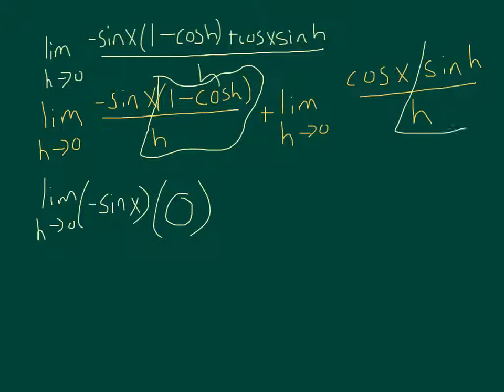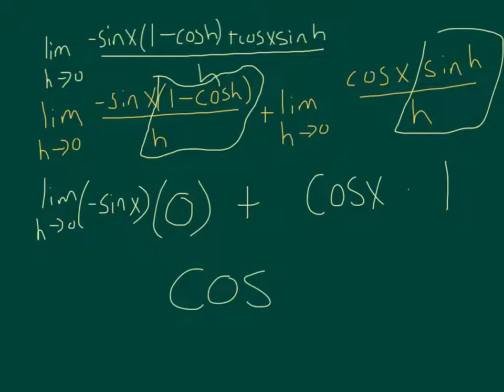The second cool thing is I have my limit as h approaches 0 of sine h over h. That's my other special trig limit. That one's going to equal 1. So here we've got 1 for the sine h over h, and I've got cosine x times 1. The derivative of sine of x is cosine of x.